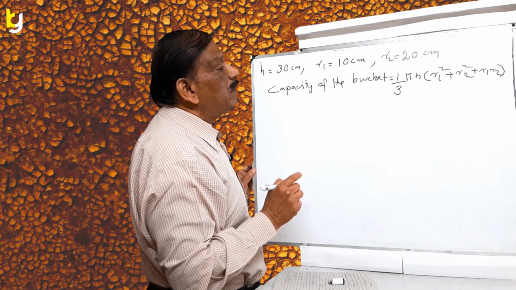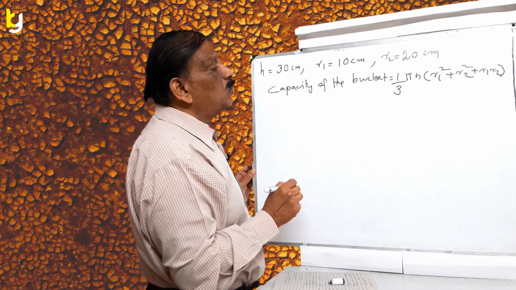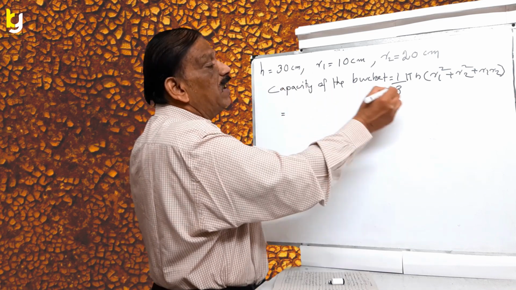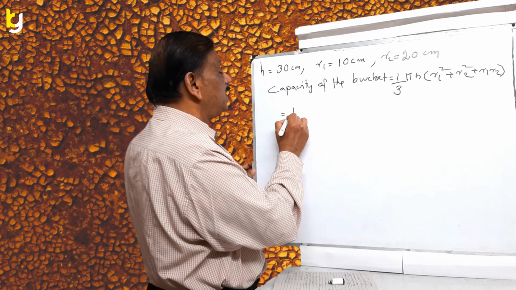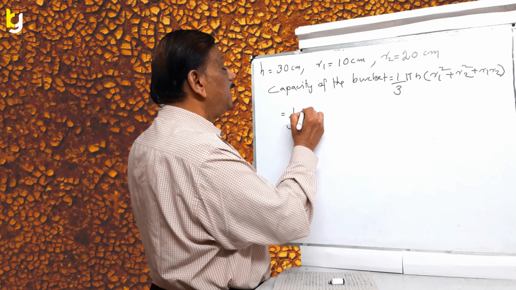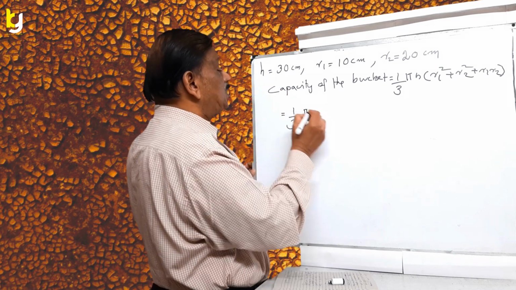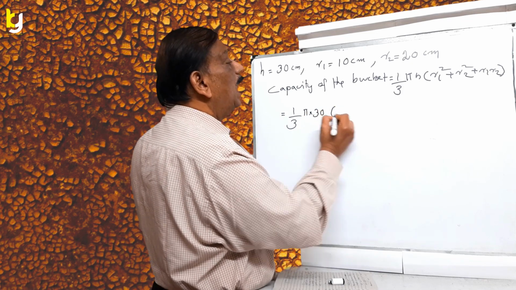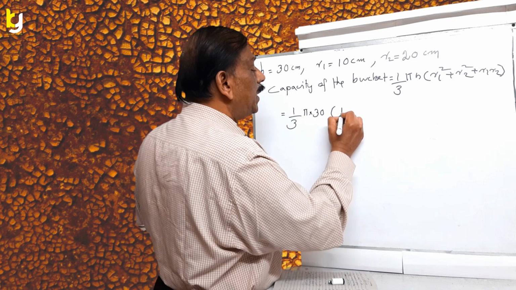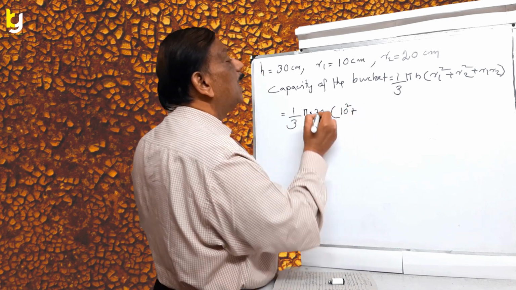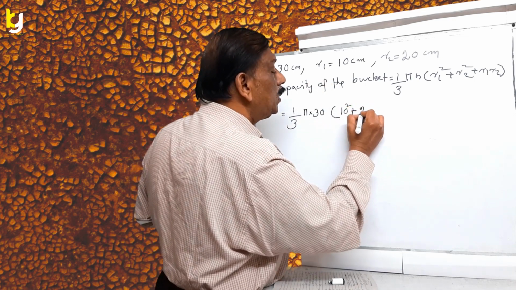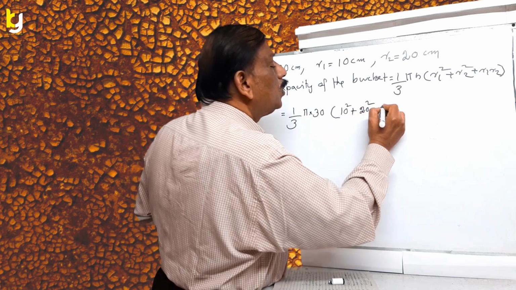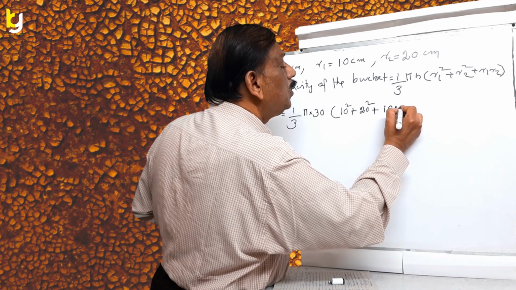So h is given, R1 is given, R2 is given. So substitute all these values in the formula: 1 by 3 pi into h, that is 30 centimeter, into R1 square, that is 10 square, plus R2 square, that is 20 square, plus R1 R2, 10 into 20.